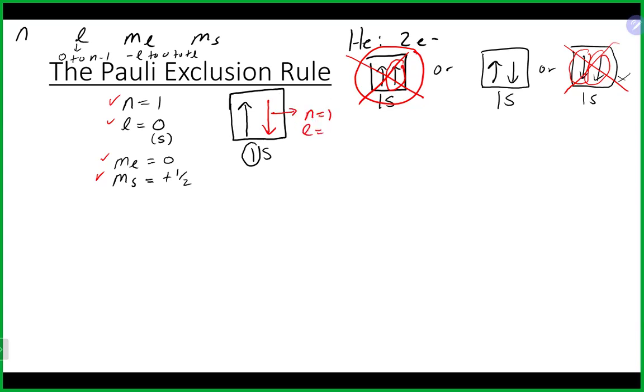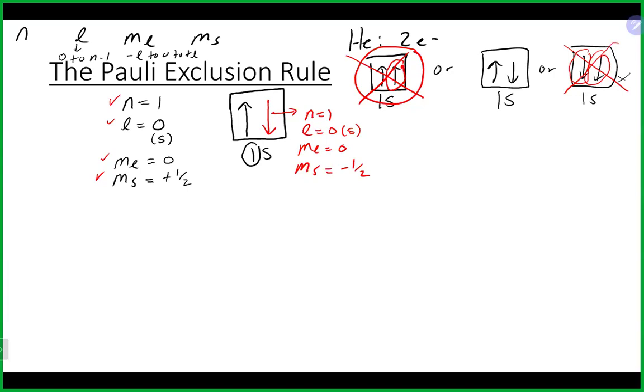It is still in an s orbital, which means l is 0. The m sub l is still 0. So right now we're 3 for 3 in terms of the same. But what makes the difference is the spin. This orientation is known as minus a half. Because they are spinning opposite to each other in that orbital, they do not violate Pauli's exclusion rule because they do not have identical quantum numbers.